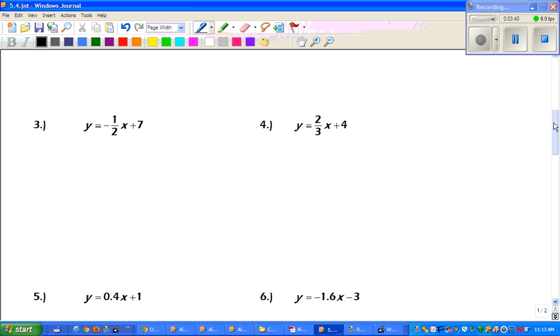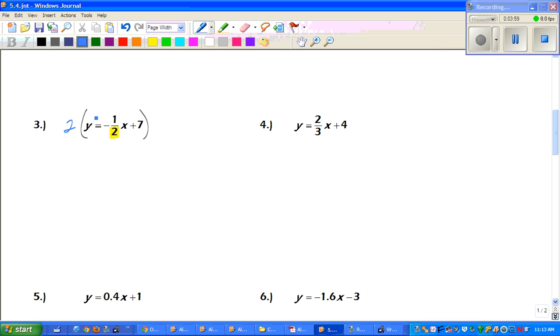All right, now let's start working with fractions. When you have fractions, there's a way to multiply everything to make the fractions disappear. You multiply by whatever number is in the denominator. Sorry about that.